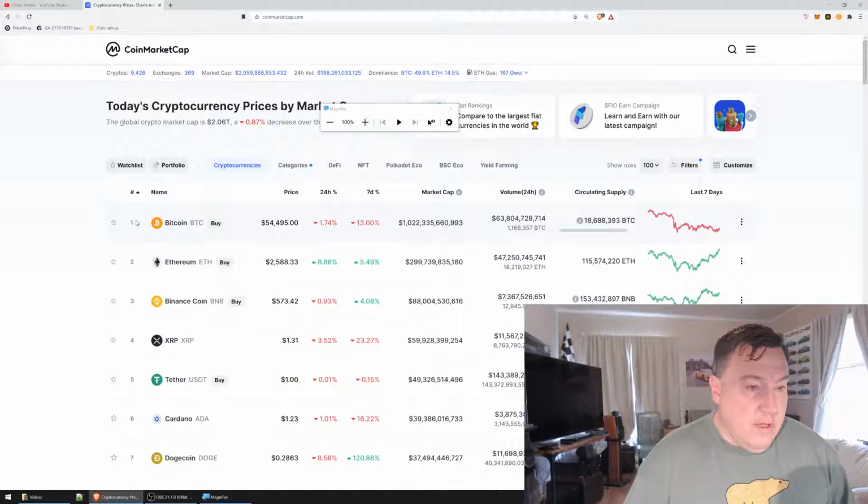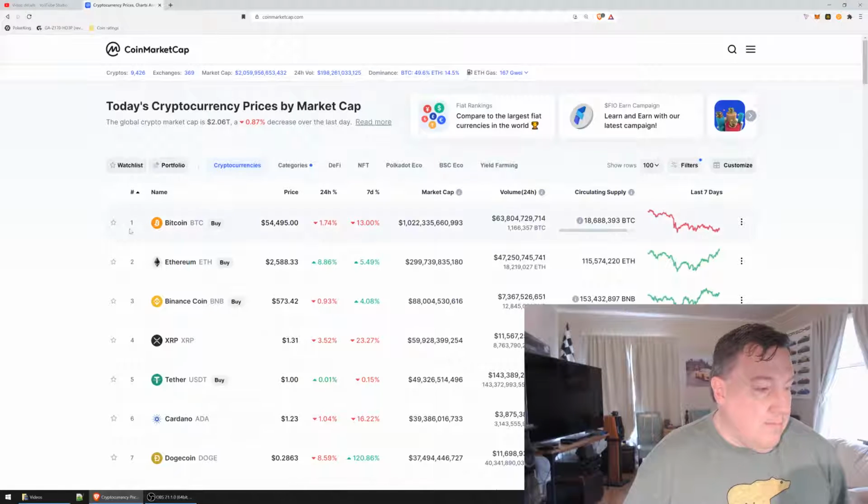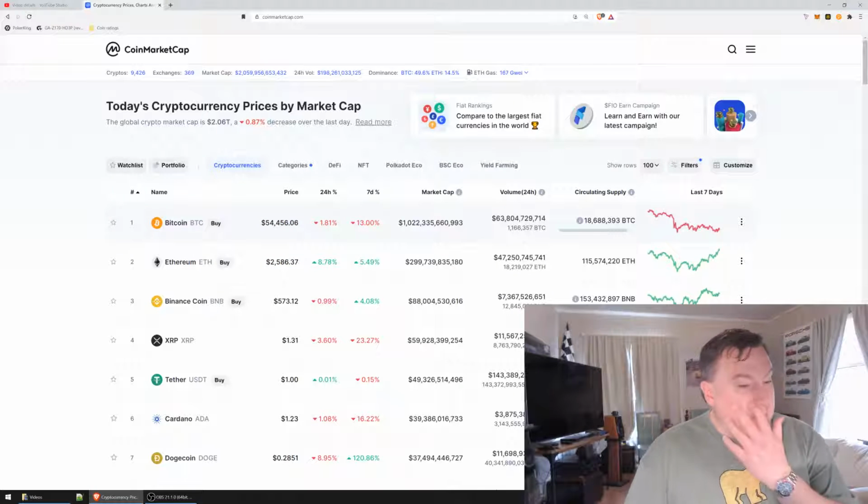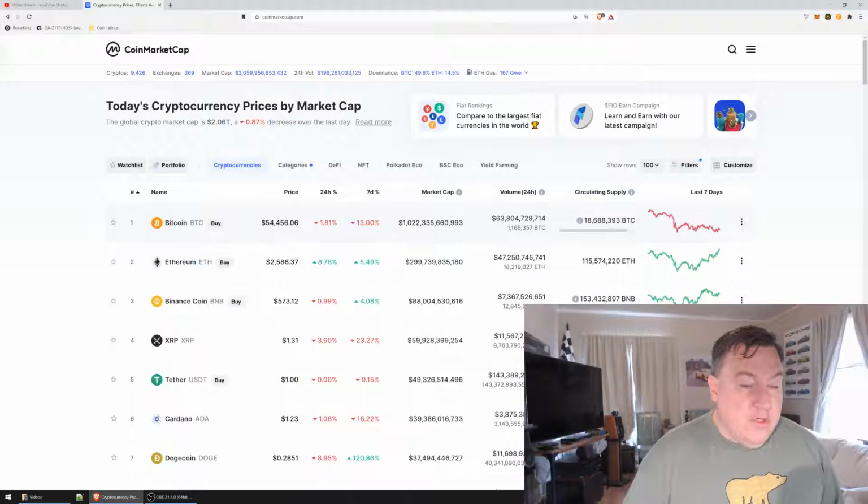And then for me, it's the ratios of the positions. So for instance, Bitcoin has $1 trillion market cap. And if we were to go to 1/1000th of that, that would be $1 billion market cap.